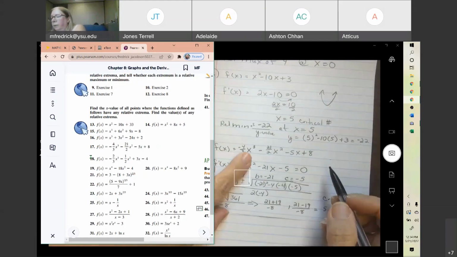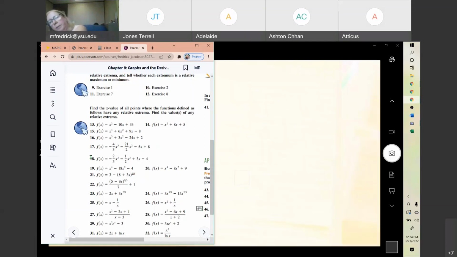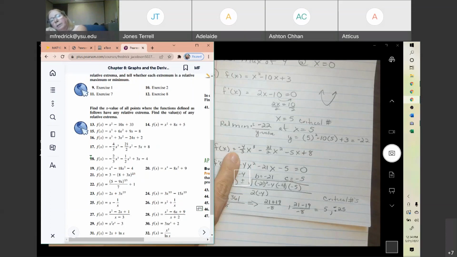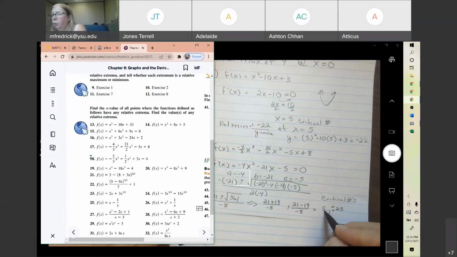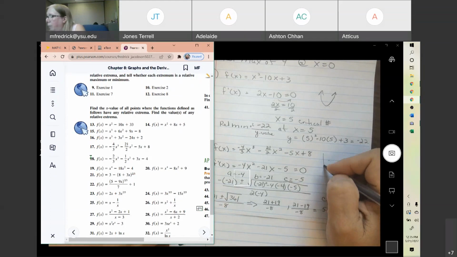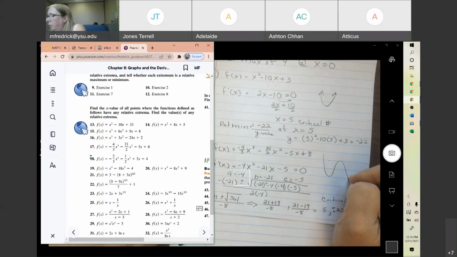Now, we know this is a cubic graph that resembles a snake. We know it's negative, so it starts out decreasing. So when we're graphing this, it's going to change direction twice because there's two critical numbers. It's going to go down and then change direction and then go up and change direction.